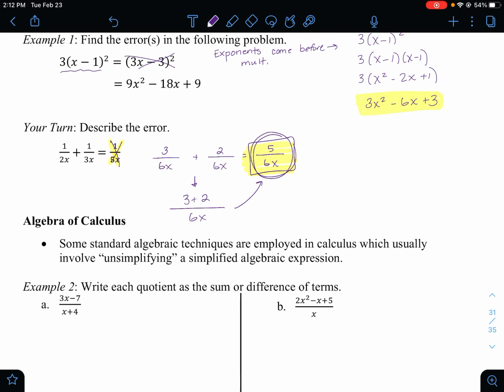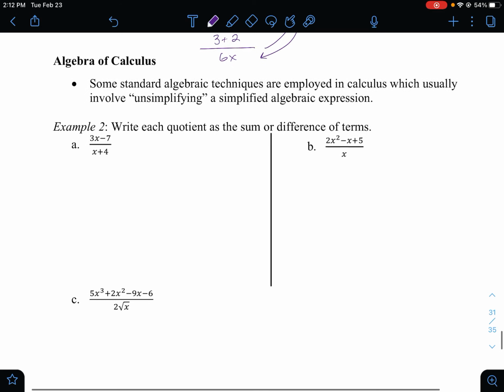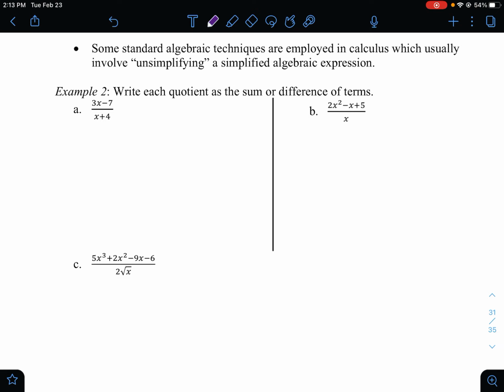So the step before my last step is them being a separate fraction. So that's what we want to do here. I want to rewrite this as 3x over x plus 4 minus 7 over x plus 4, and then look and say, okay, is there anything else I can do to simplify that before we move on? The answer is no, so that one's done. And trust me, once you get to calculus, you'll be like, oh, I remember doing this in Algebra 3.